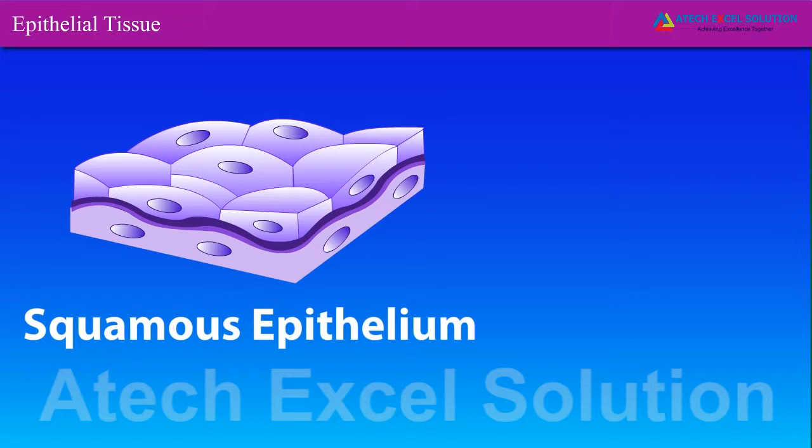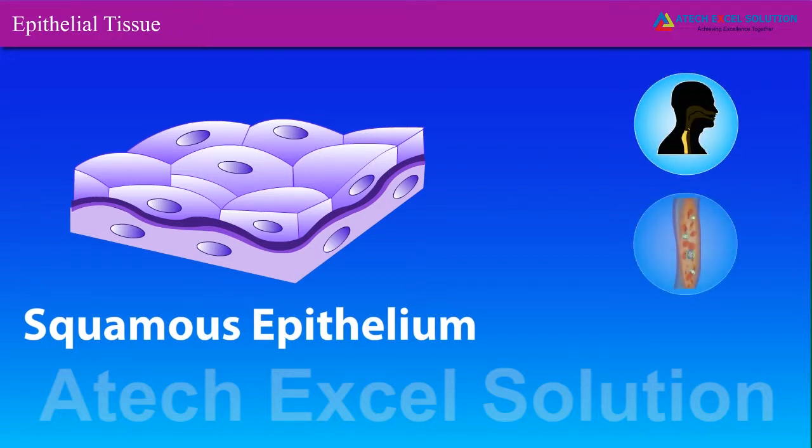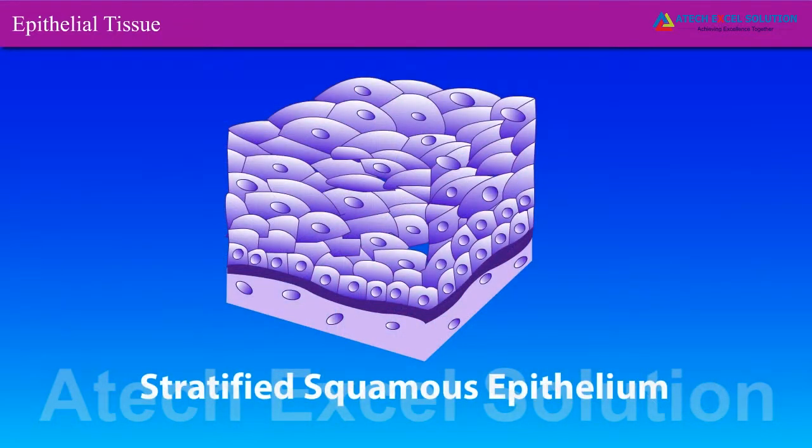It forms the delicate lining of the mouth, esophagus and nose, and of blood vessels, and the covering of the tongue and skin. Skin epithelial cells are arranged in many layers to prevent wear and tear. Since they are arranged in a pattern of layers, the epithelium is called stratified squamous epithelium.